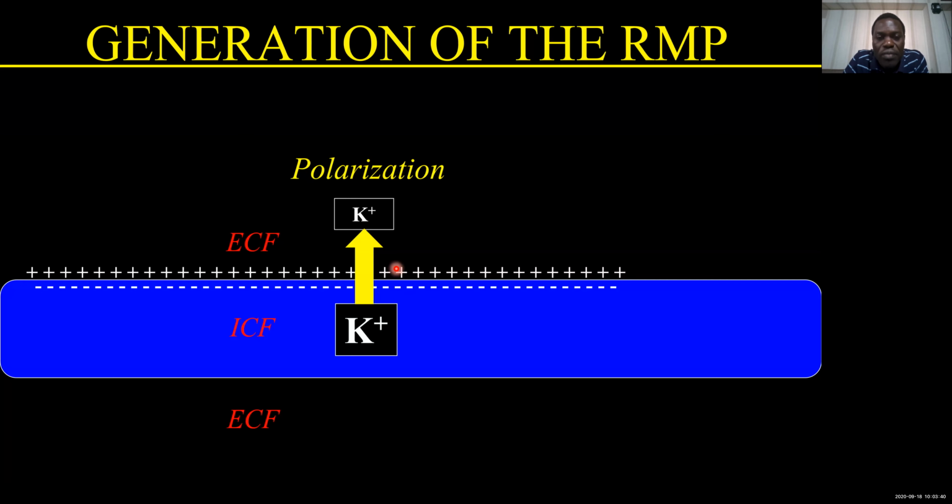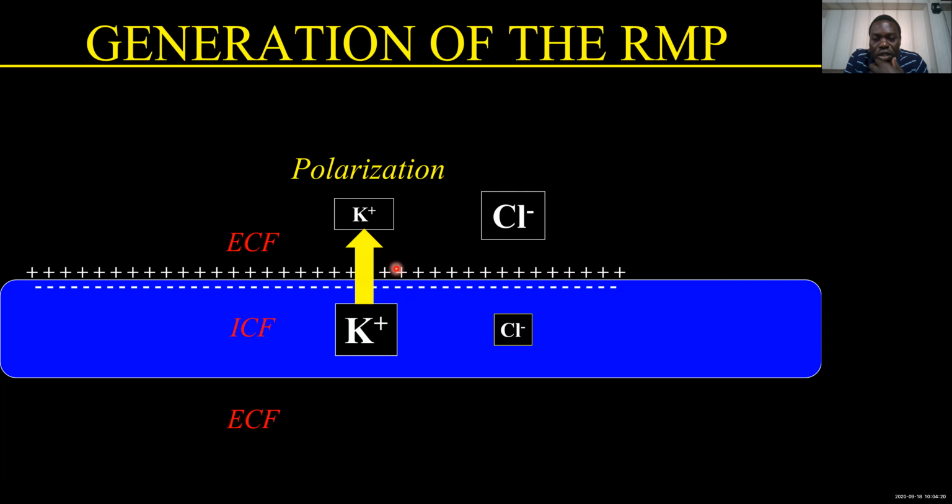Membrane polarization is when the inside becomes negative compared to outside. I hope you've understood that. That is membrane polarization. So potassium efflux causes membrane polarization. And I've defined polarization as when the inside becomes more negative, the outside becomes more positive. Right. Potassium efflux causes membrane polarization.